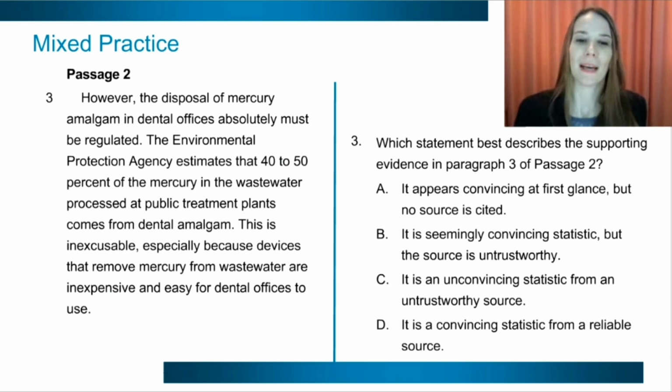So which statement best describes the supporting evidence in paragraph 3 of passage 2? Well, I've pulled paragraph 3 up here for you to take a look at. Review the evidence that was presented and match your answer up.